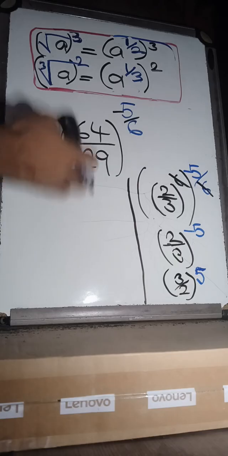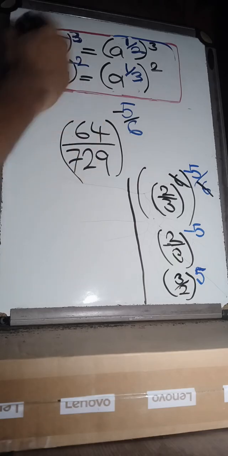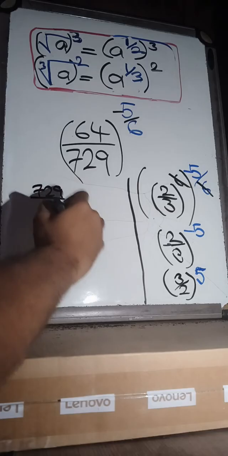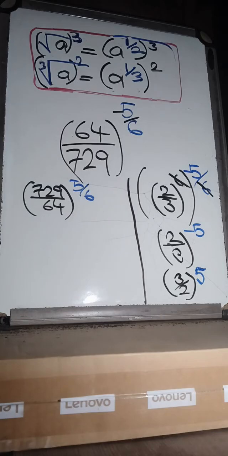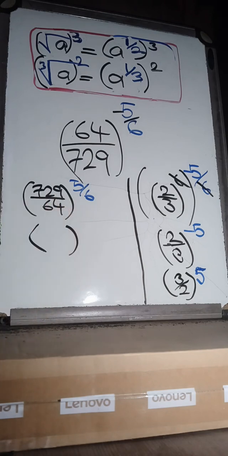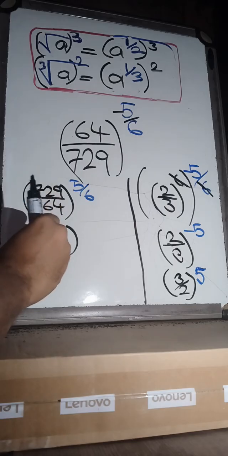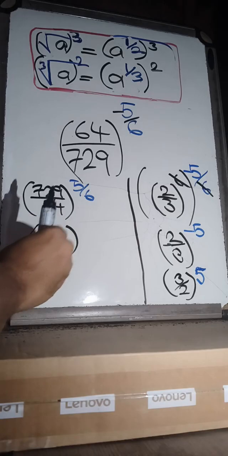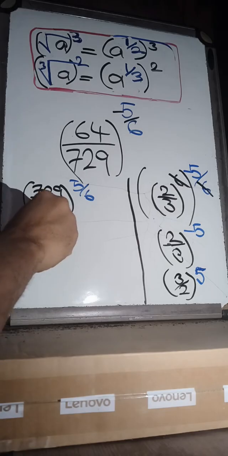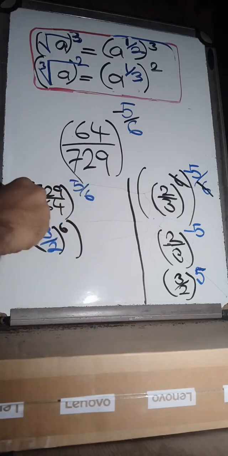Alright, fine. Let's do it the other way over here. Let's flip it early and have 729 over 64 raised to a positive 5 over 6. Of course, I have positive 3 over 2, all of that raised to the 6.